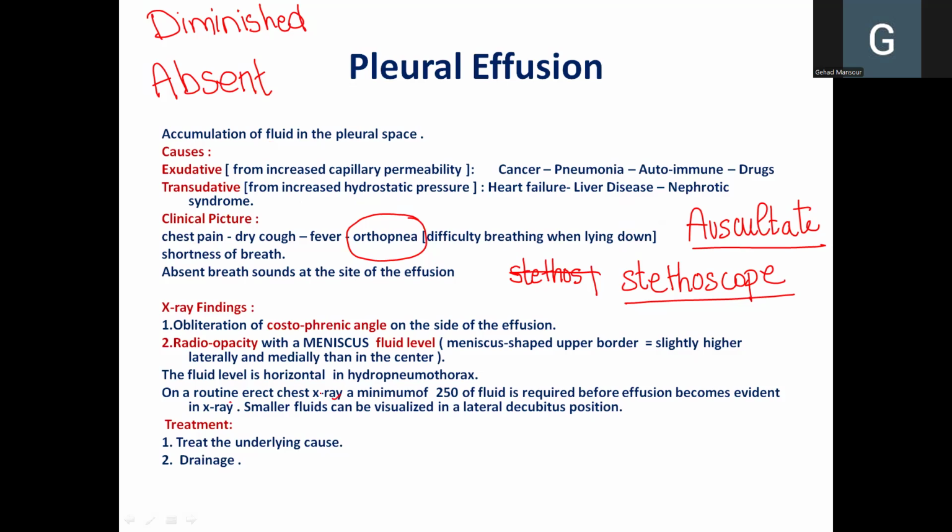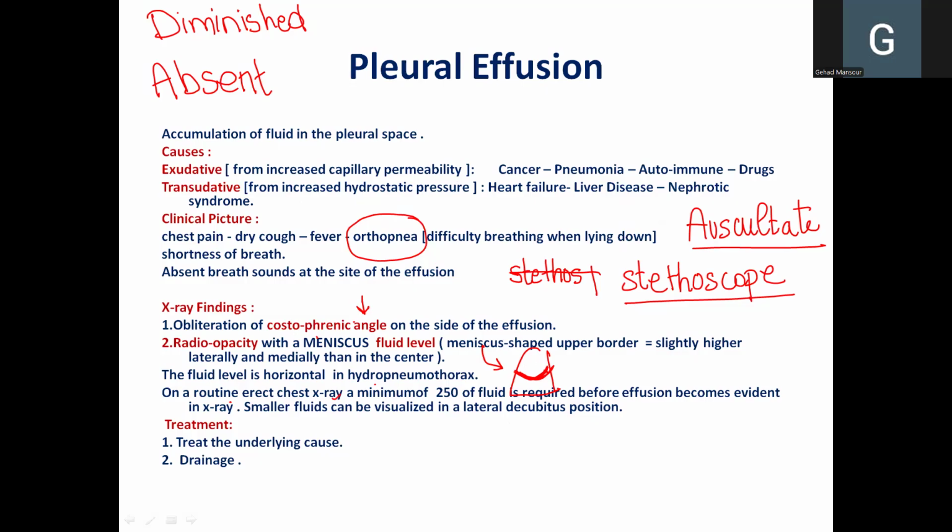As we said concerning the X-ray findings, the fluid first obliterates the costophrenic angle, and then the radio opacity increases until we have a fluid level. That fluid level in the lung usually has a concave upper border, which we call a meniscus.